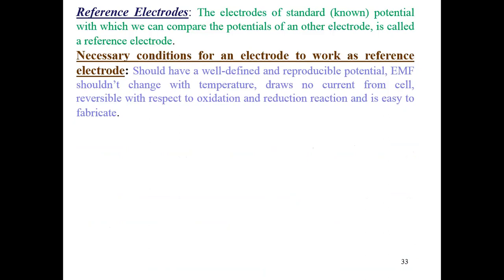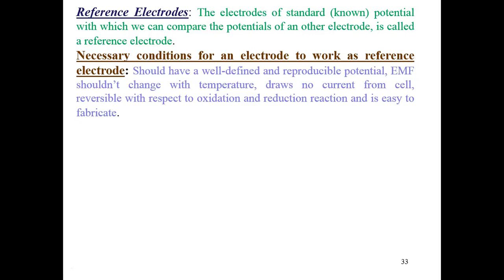It shouldn't give a different reading of the potential every time you do the experiment. Secondly, if there is a temperature change, the EMF of this half cell, the reference electrode, should not change. This means the temperature coefficient of the EMF should be almost zero.